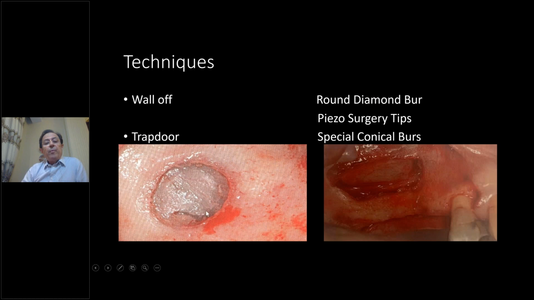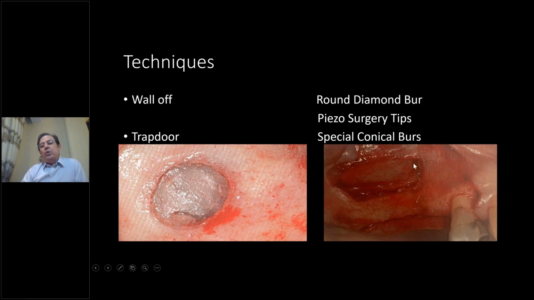When the bone is removed, we have 2 techniques for window preparation. The first is the wall-off or Bowser technique, where we start from the middle and extend around it, and we remove the bone totally. The second one is the trapdoor.